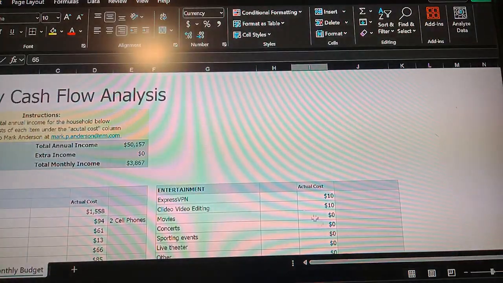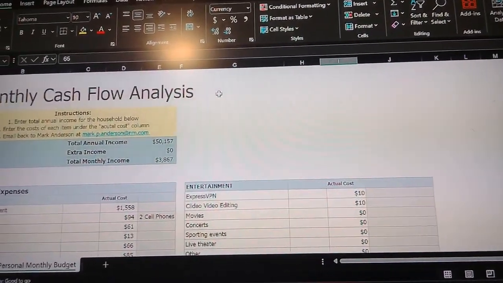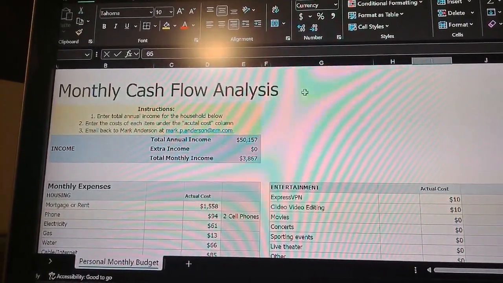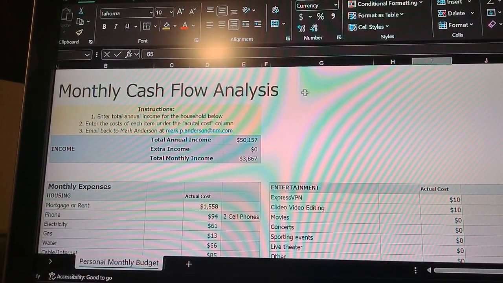Here's another way if you want to go digital. So this is a monthly cash flow analysis I got from Northwestern Mutual when I had a financial advisor.